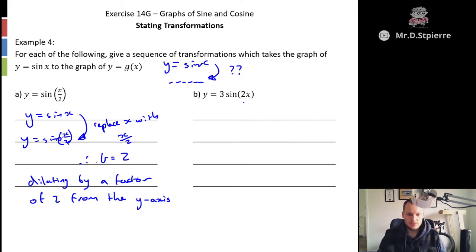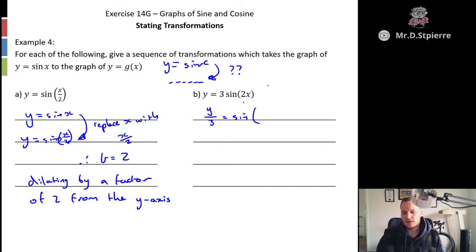Part B, this is where we need to rearrange it, so that any of our numbers are operating directly on the y or the x. So we could rewrite this as y on 3 is equal to sine 2x. And this is interesting.